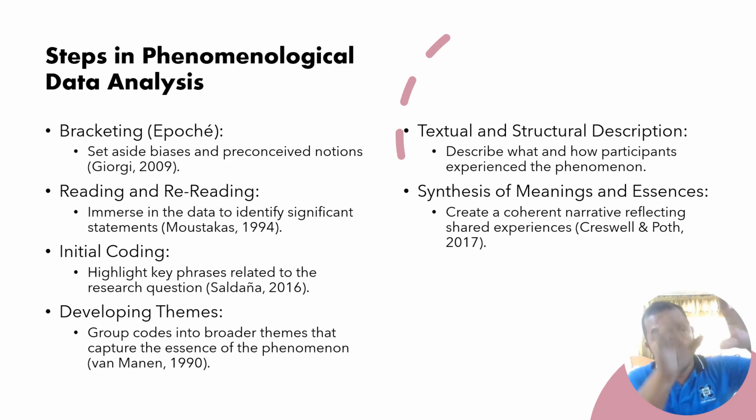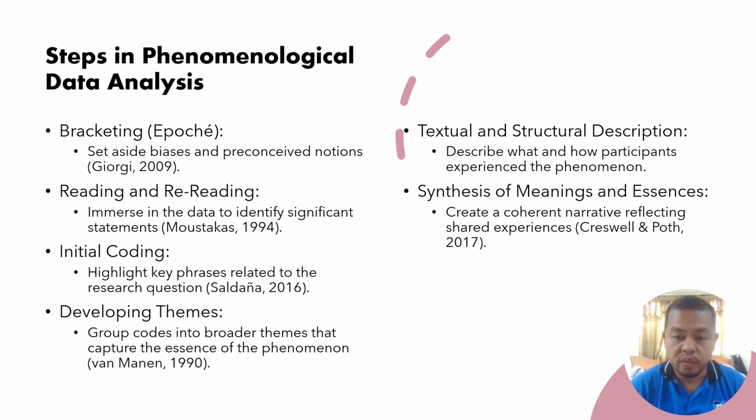Since you've already highlighted the codes, the phrases, you group them into several themes that would capture the core aspects of the phenomenon. These themes should represent the essence of participants' experiences, and these themes should help in answering your research question.